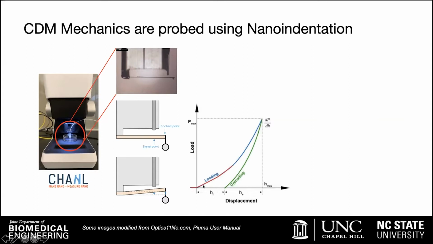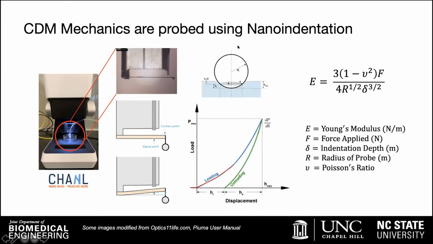And then by plotting the load versus displacement along with the characteristics of the spherical probe used for indentation, we can extract a measurement of the Young's modulus, or the overall stiffness of the cell-derived matrix that has been produced.